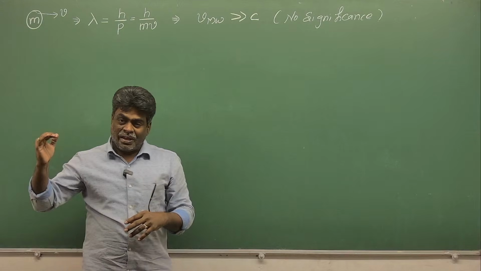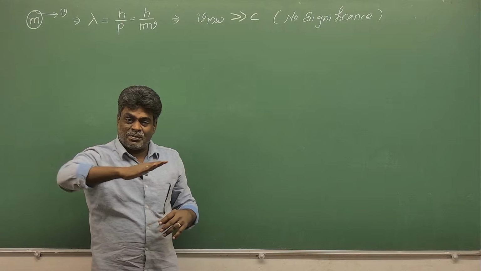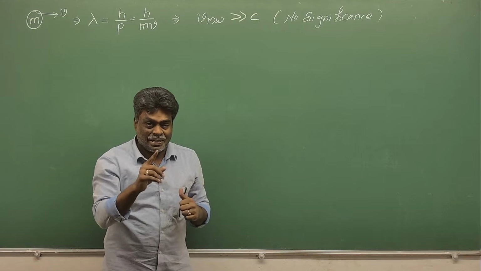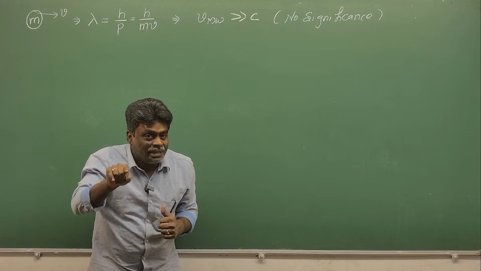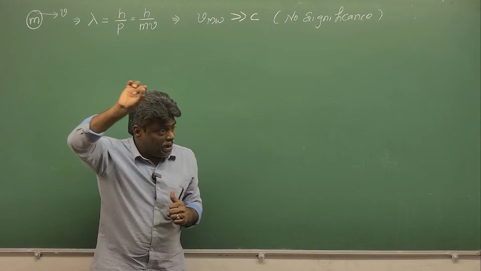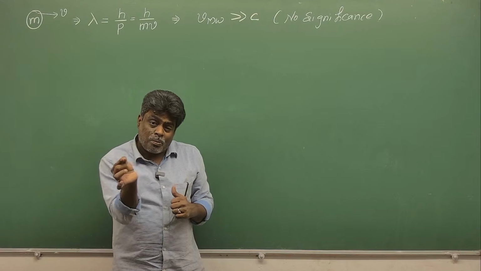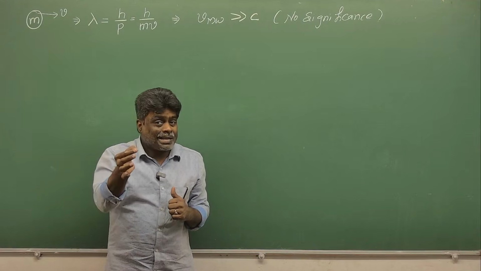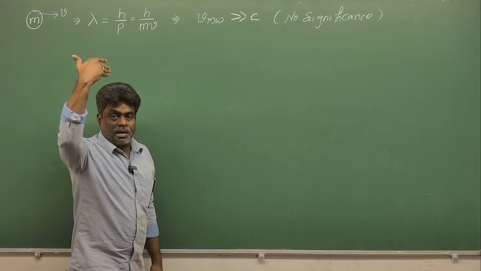So if a particle is moving, generally we represent it with a wave function like this. But what is that wave function? It's a group of matter waves superimposed on each other constructively where the particle is present.